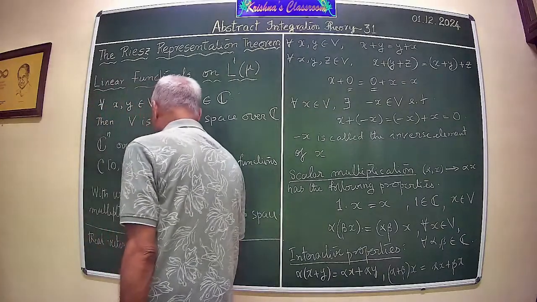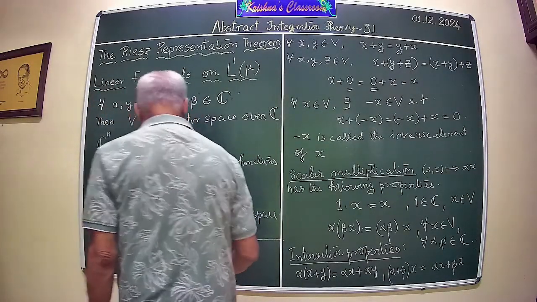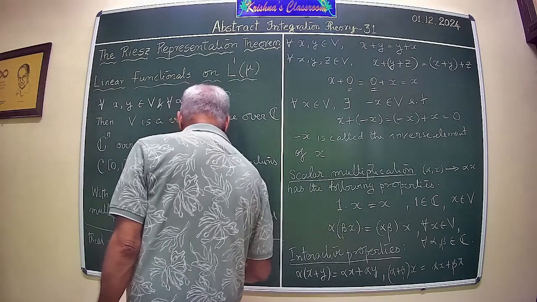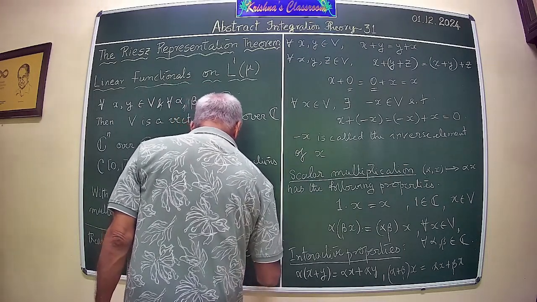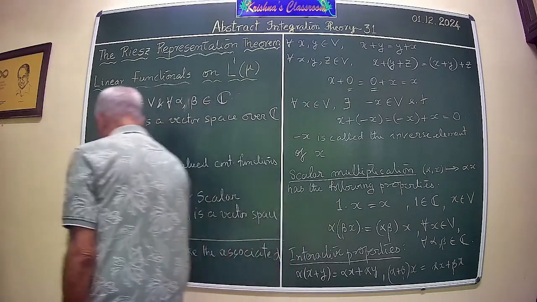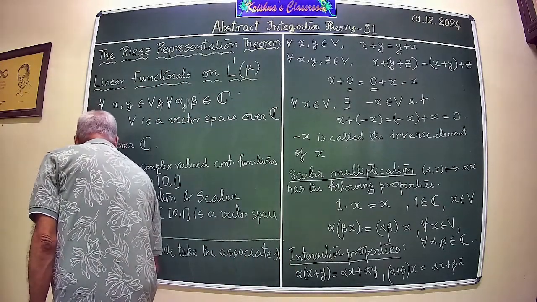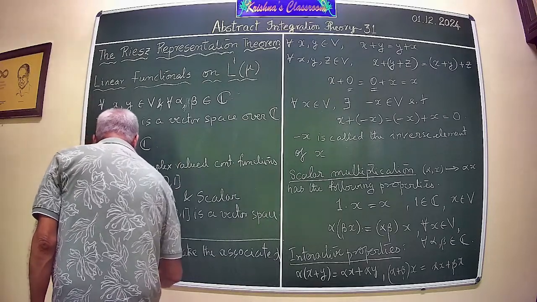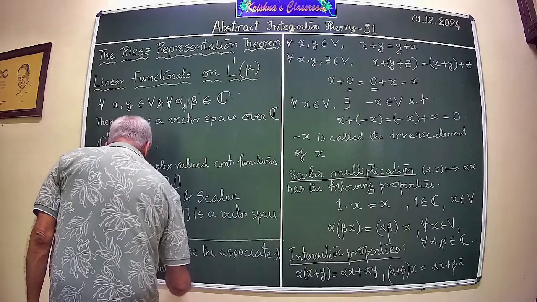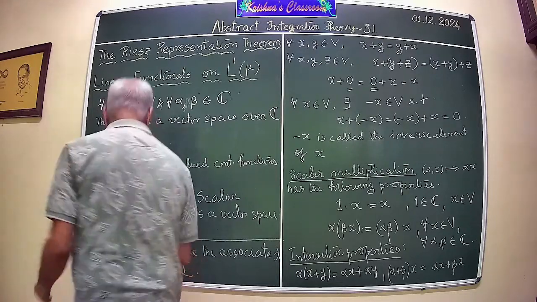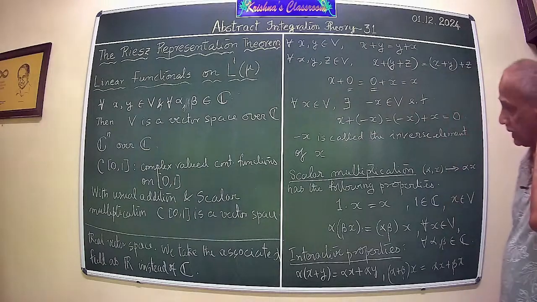So we take the associated field as R instead of C. Then you call it a real vector space.